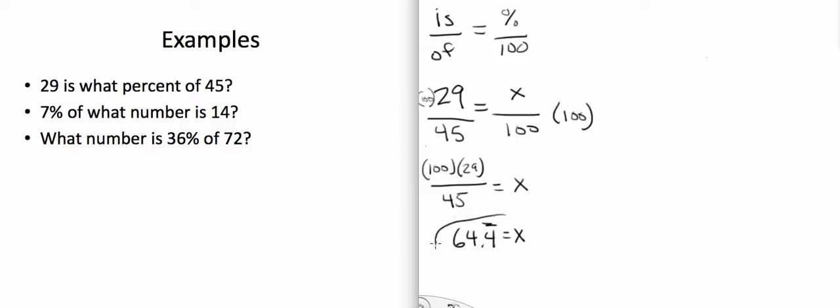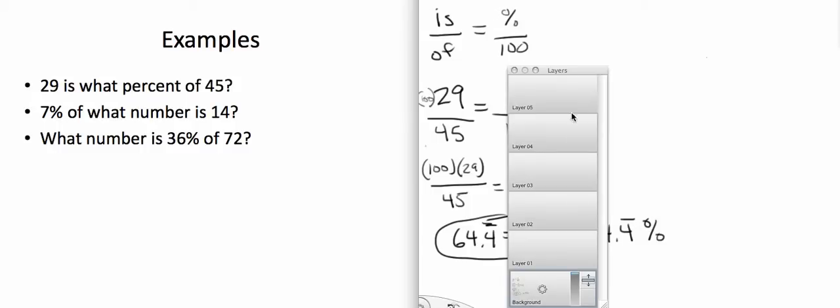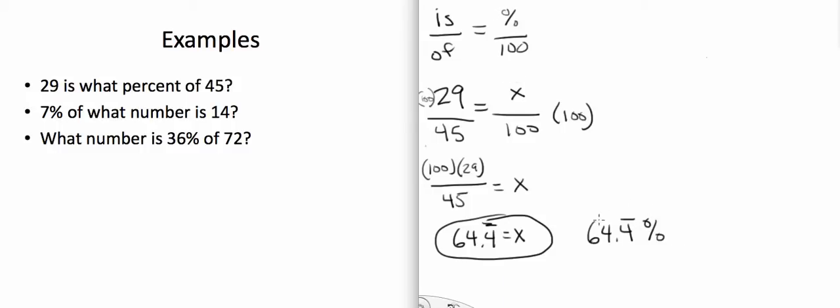So our final answer here is 64.4 repeating. And if we look at that in the context of our problem, since we have a percent value here, this is a percent. Okay, so that's the first example.